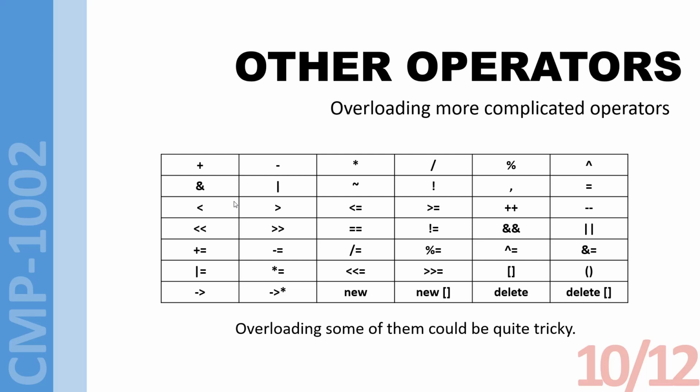Compound parameters will be pretty straightforward. Again, the bitwise operators should be pretty straightforward. This comma thing would be a bit weird. Assignment could be weird. And again, this dash arrow thing and dash arrow star could be pretty difficult.